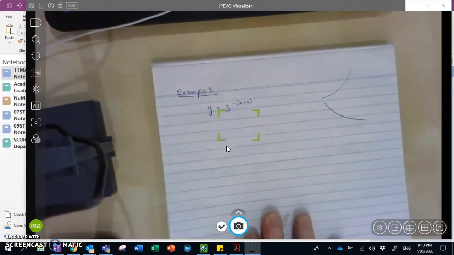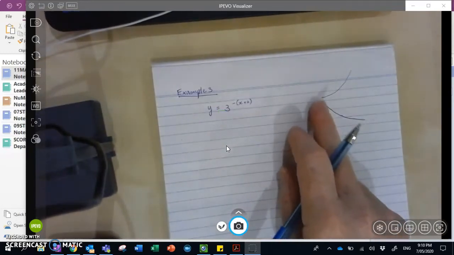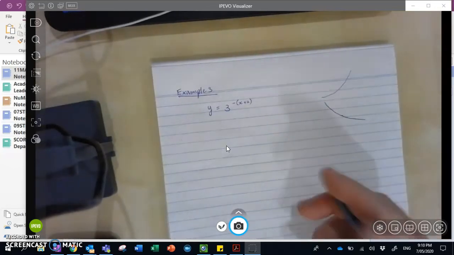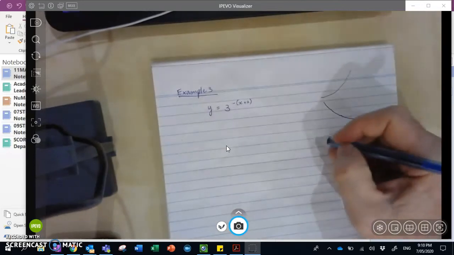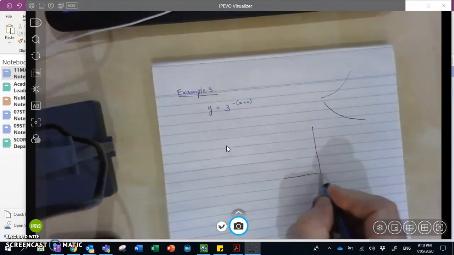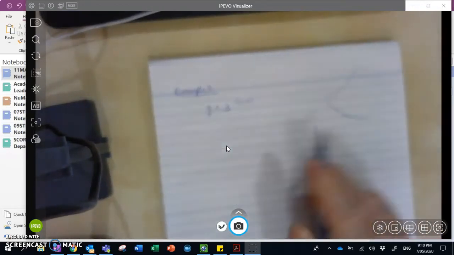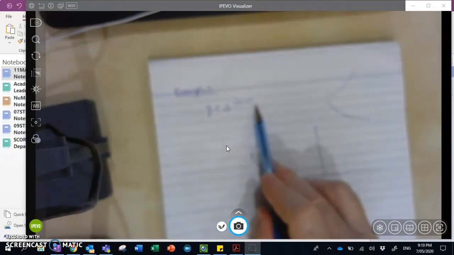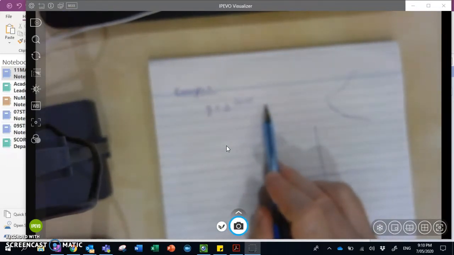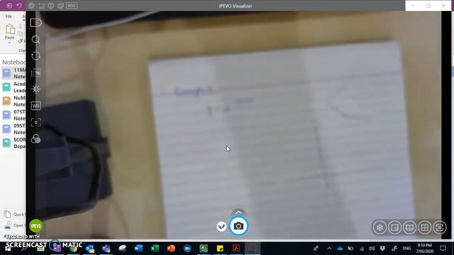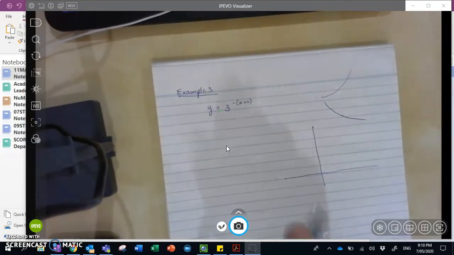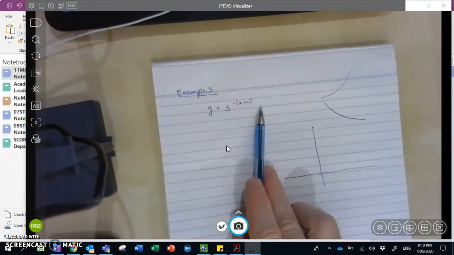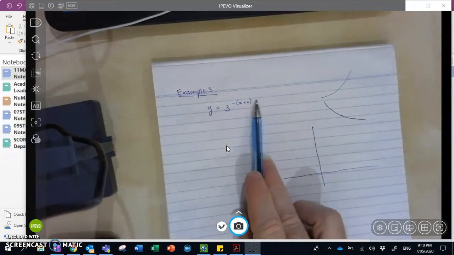Rightio. So moving along here, I'm expecting the curve to go like this, but let's just have a look. We'll look and identify the asymptote firstly. I'll sketch my axes. Now you'll notice here that there is no additional subtraction of the d value here, so that's your vertical displacement or translation.